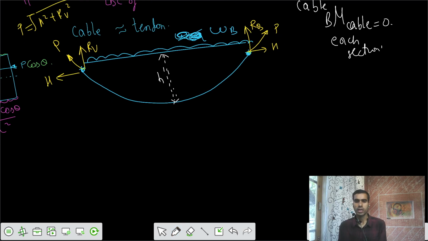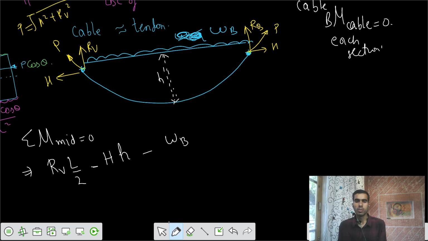So I'm going to say the summation of moments at midspan equals zero. That means I calculate the reaction V into L by 2, that's clockwise, and we have the horizontal reaction into H anti-clockwise, and we have the UDL, WB, anti-clockwise, WB X square by 2.